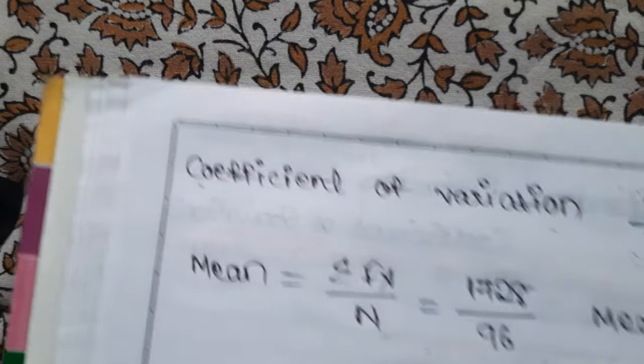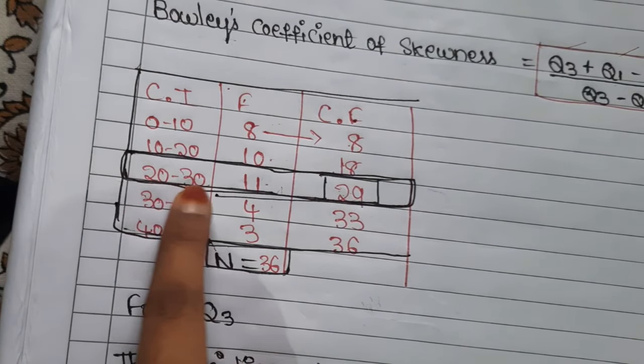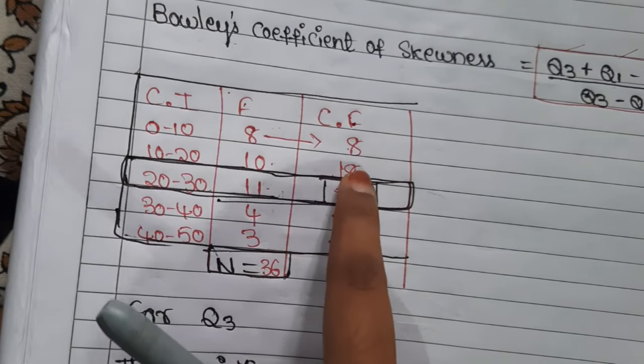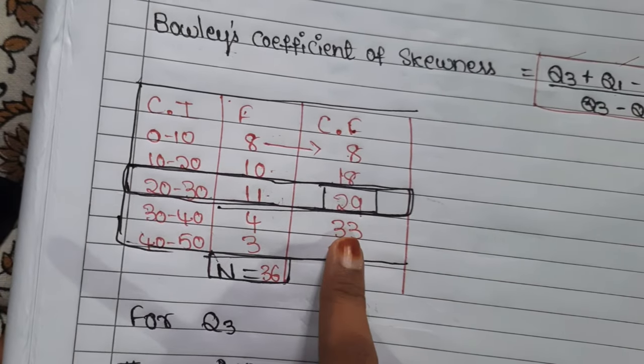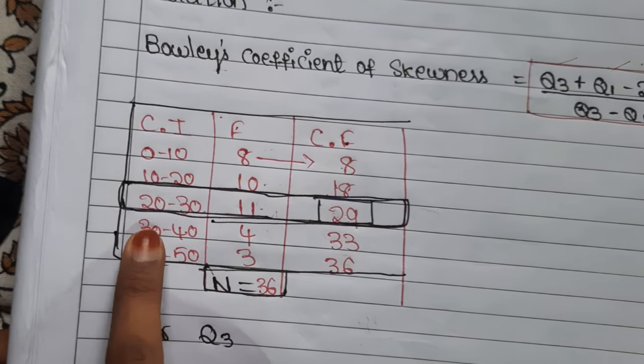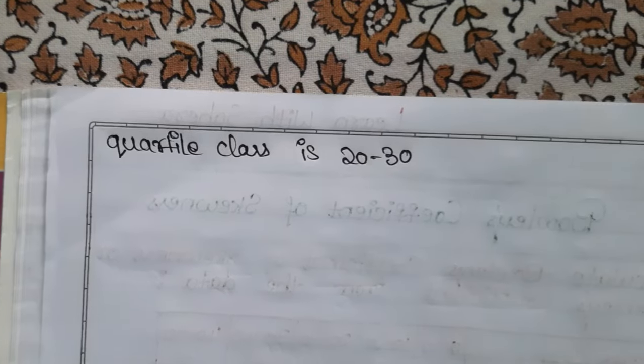This 29 is lying in the class interval of 20 to 30. If the cumulative frequency used to be 18, we would take 10 to 20. If it used to be 33, we would take 30 to 40. But here we got 29, right? So that is why we are taking 20 to 30. So the quartile class is 20 to 30.